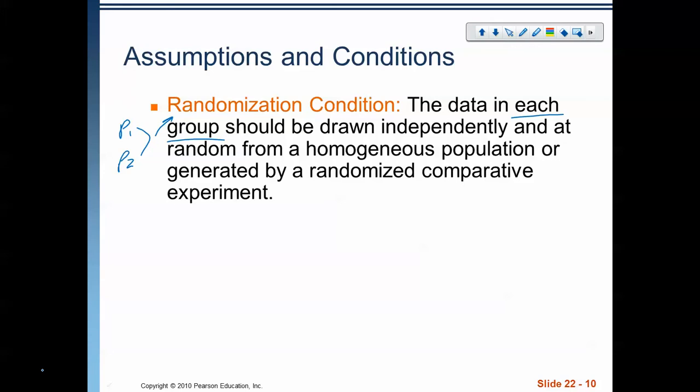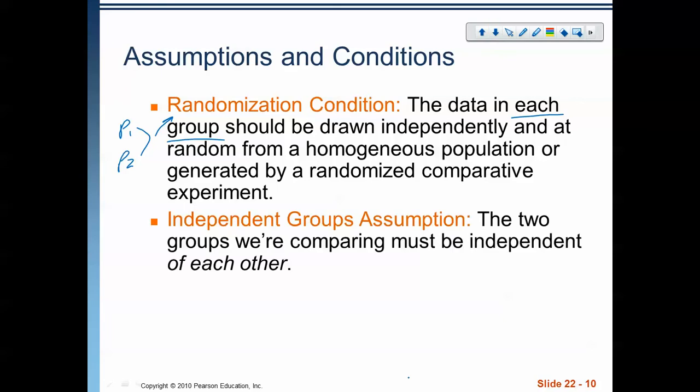Should be drawn independently and at random from a homogeneous population or generated by a randomized comparative experiment, right? We need random data or a representative sample, okay? We also need to make sure that the two groups we're comparing must be independent. This is the only one that is different than a one-prop test, right? We need to make sure.